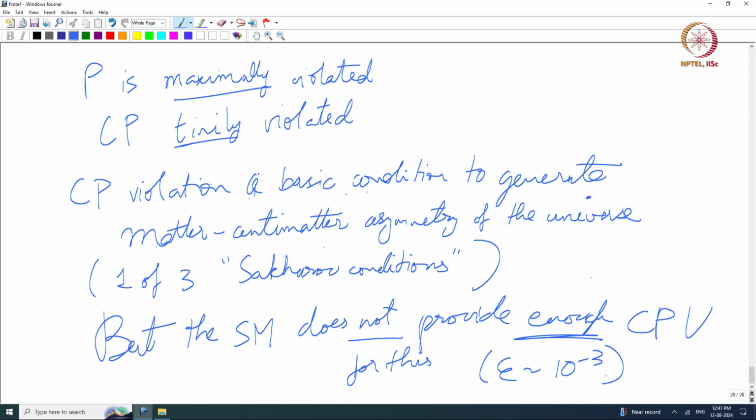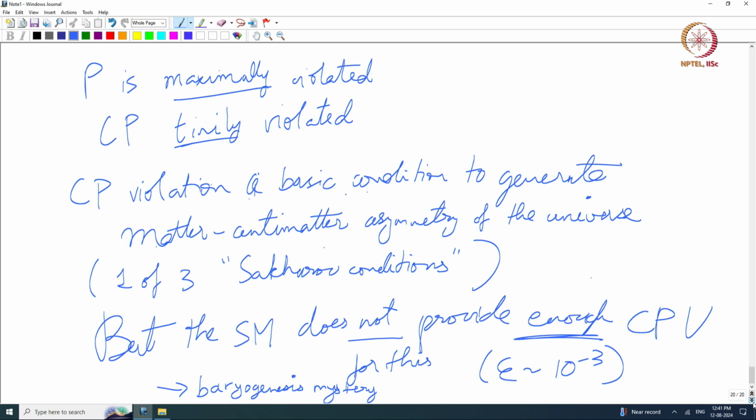It turns out you need a lot more, actually, orders of magnitude more than this. So, the standard model does not really provide it, it gives a little bit but not enough to actually fix it. So that is what makes baryogenesis a mystery. This is one of the things that makes the standard model inadequate to explain baryogenesis. You need some more sources of CP violation, something further in the theory, something beyond the standard model is what can fix the correct CP violation amount in the universe.